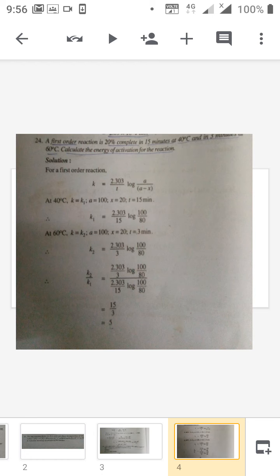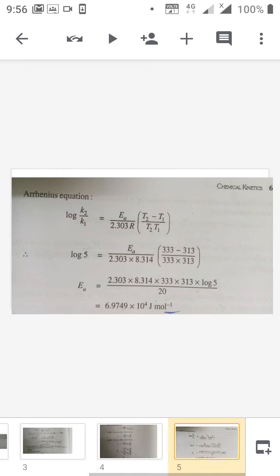Then we have to find out K2 by K1. So we substitute in this equation. We will get 15 by 3, and K2 by K1 is equal to 5. Then you substitute in the Arrhenius equation: log K2 by K1 is equal to EA by 2.303 into R into T2 minus T1 divided by T2 T1.